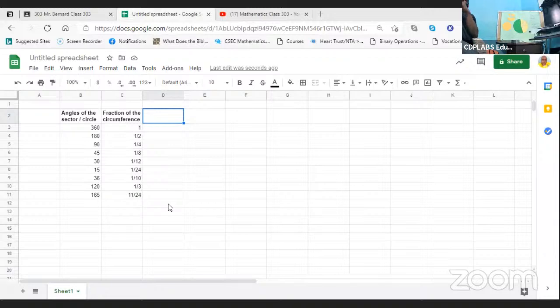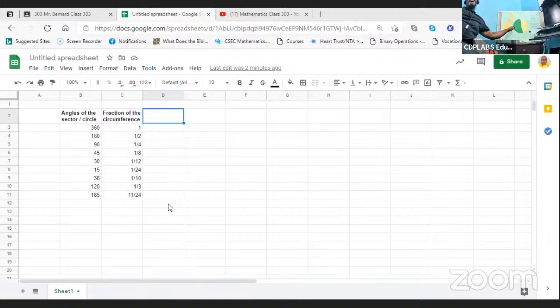All right. Now, for those persons who are not aware as to how Ashley got that answer, I'm going to give you an idea as to how that happened. But before we go any further, I just want you guys to understand that it is the angle that determines what fraction of the circumference is the length of the arc.